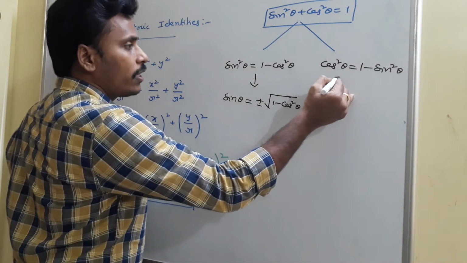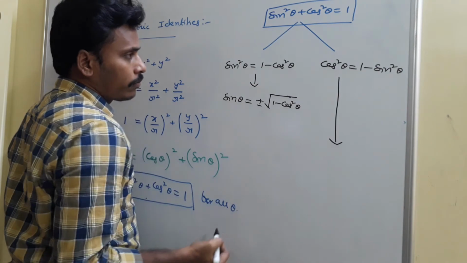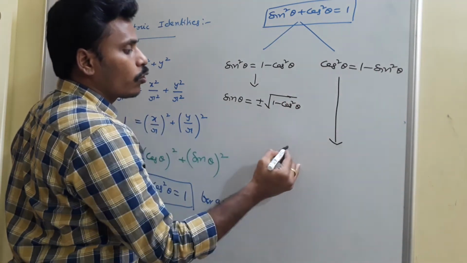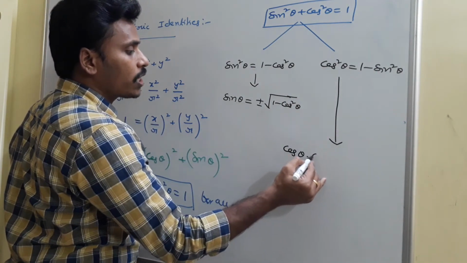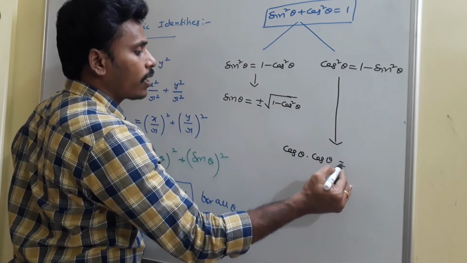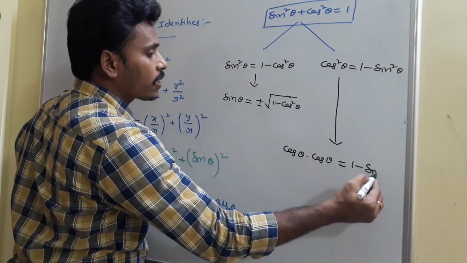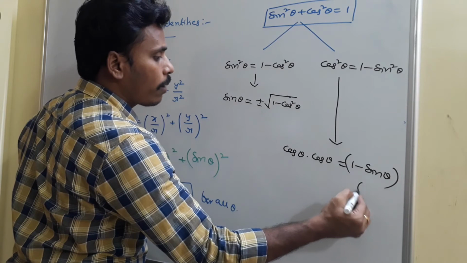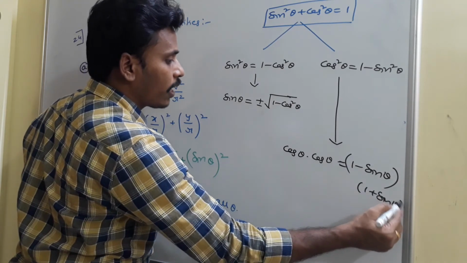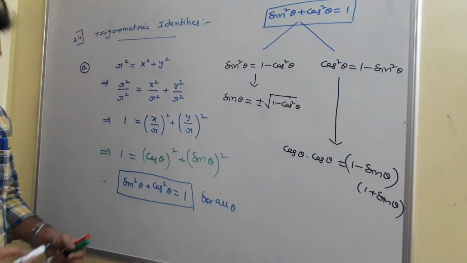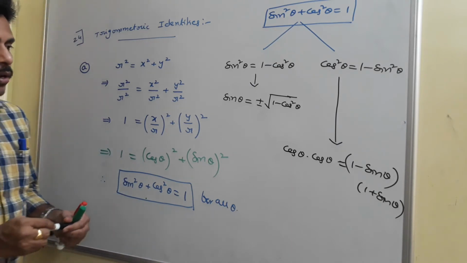Right. But now here I am going to represent another thing. See, cos² theta is equal to 1 minus sin² theta. You just write it like this: cos theta into cos theta is equal to 1 minus sin² theta, which can be written as (1 minus sin theta) into (1 plus sin theta). Is it right? Can I tell you once again?